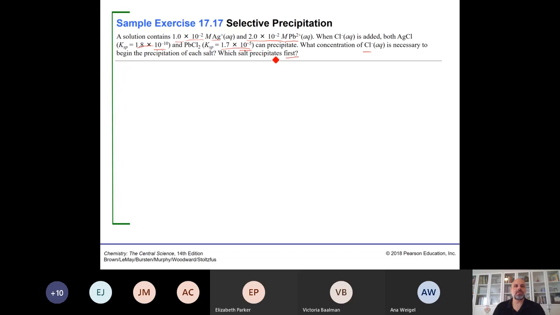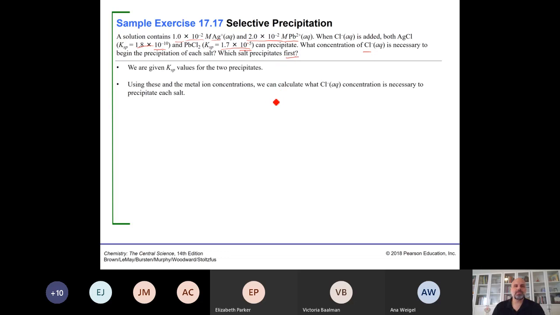So you'd expect the silver chloride to precipitate first. We're going to use the metal ion concentration to calculate the chloride ion concentration that's necessary to precipitate each salt. The salt requiring the lower chloride ion concentration precipitates first.